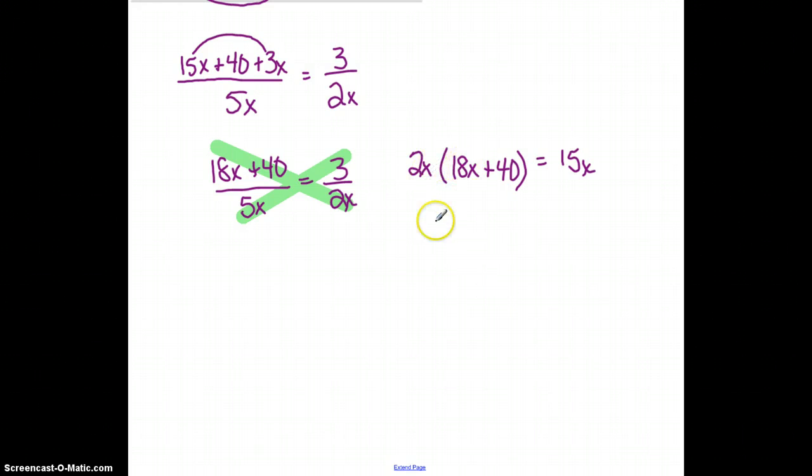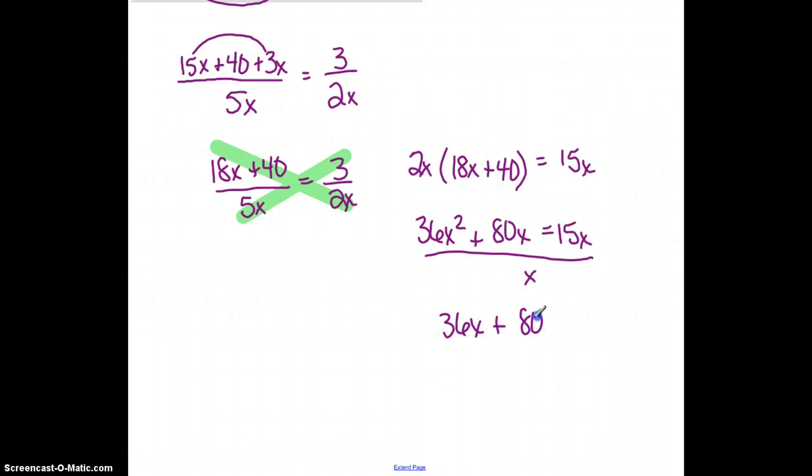Okay, so if I multiply this all through, 2x times 18x is 36x squared. 2x times 40 is 80x equals 15x. Now, if I look across the board, I can see that they all have an x in common. So I'm going to get rid of an x on every one of them. So 36x plus 80 equals 15.